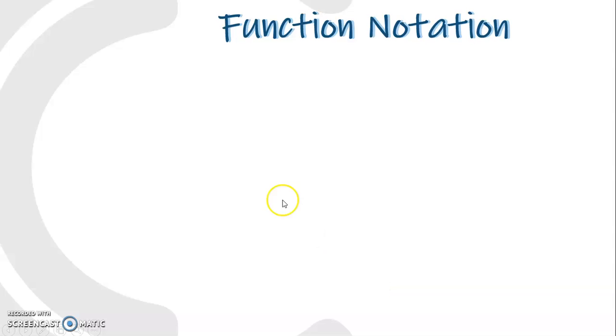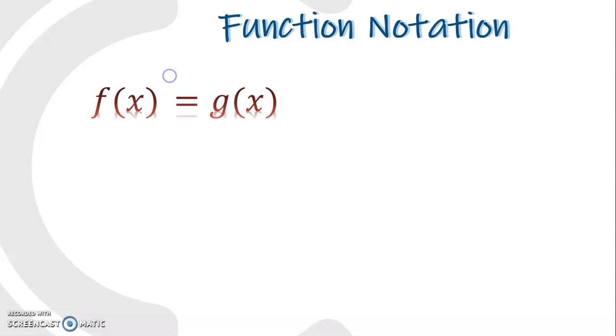Function notation is represented like this: f of x, g of x, or h of x. These three ways are just the same, and the three ways represent y.